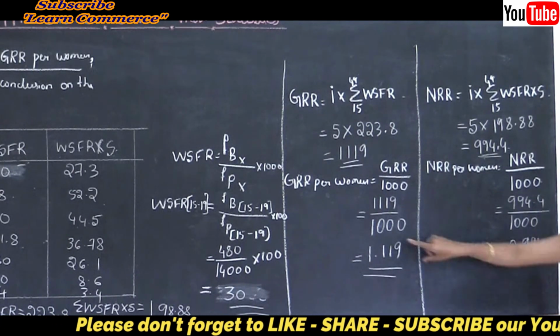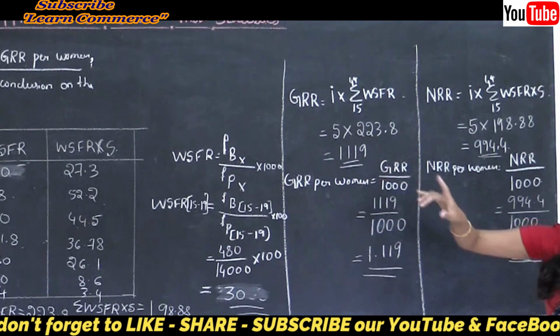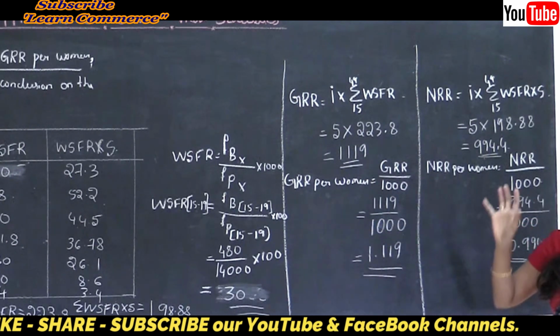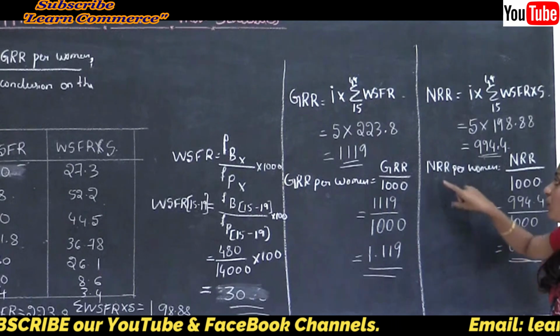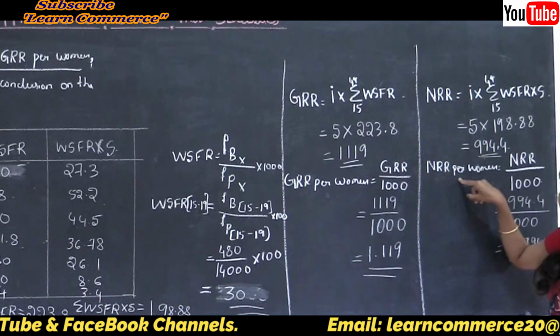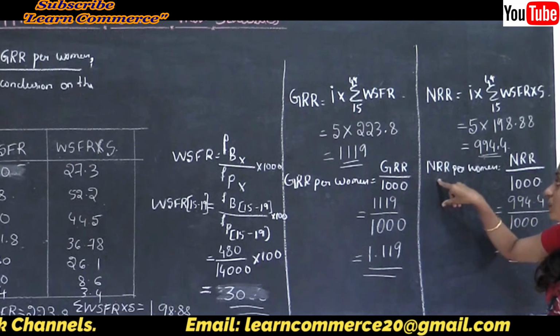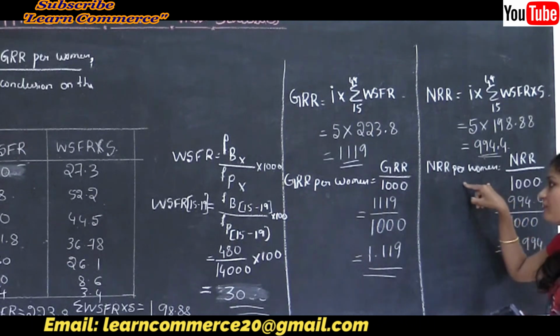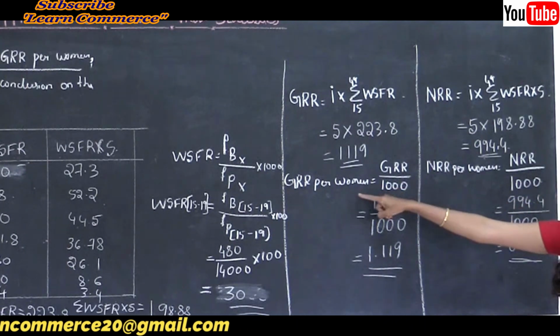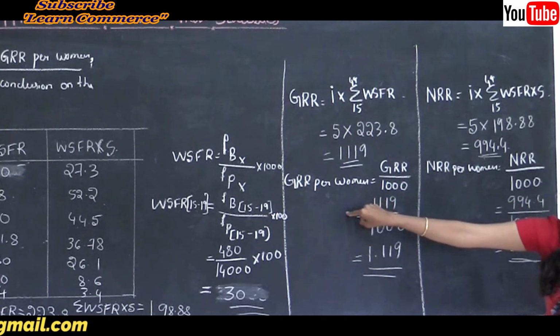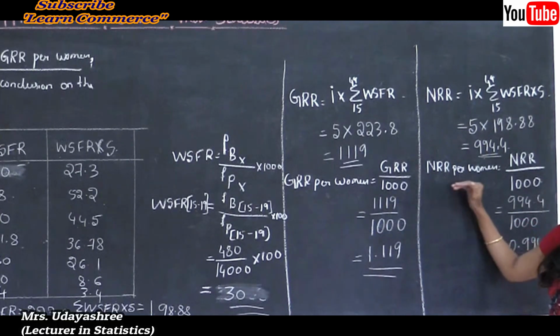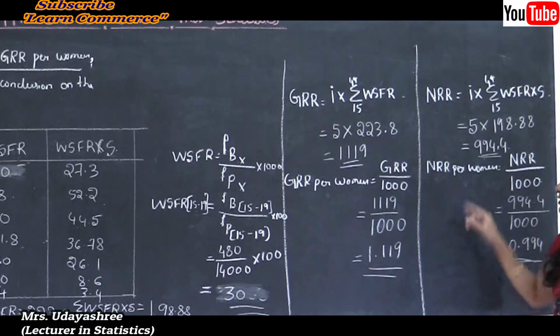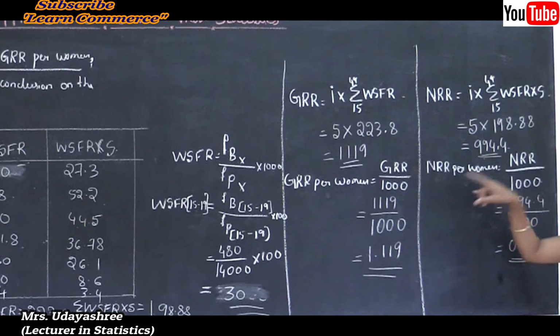But here both GRR and NRR are given in the question. In this case, I have to consider only NRR per women. Why? Because GRR is based on without mortality and NRR is based on with mortality. So I will write the conclusion based on NRR per women only.